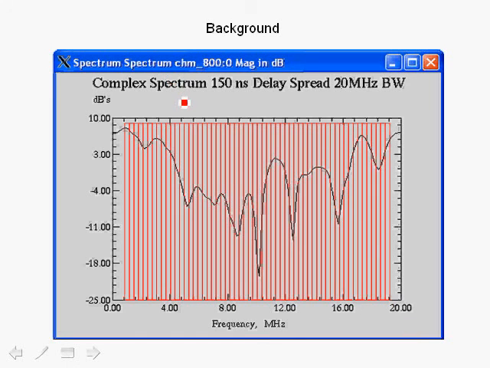At an RMS delay spread of 150 nanoseconds, we see that there are quite a number of fades, and at a particular carrier the fade could be quite large, and that would result in the loss of that carrier. And when that carrier is gone or damaged or eliminated, then the bits associated with that carrier are in error, and if these bits turn out to be adjacent bits, then we have a case of a bursty error.